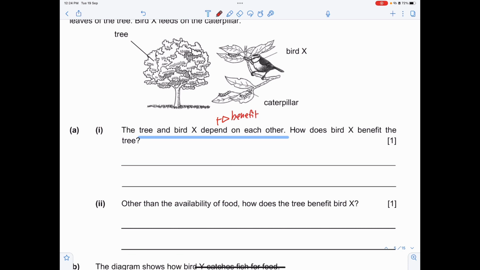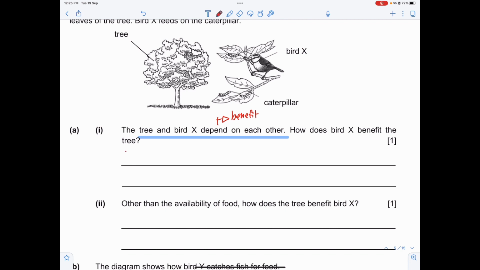How does bird eggs benefit the tree? So obviously, bird eggs is eating the caterpillar, and the caterpillar is eating the leaves. So the first thing would be that the bird actually preys on the caterpillars, so there is more leaves for the plant to now photosynthesize.